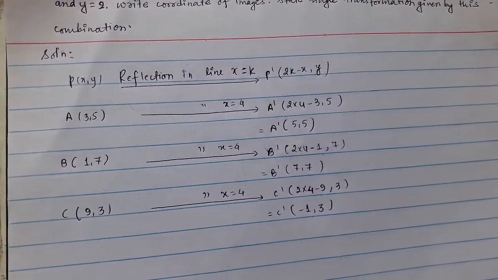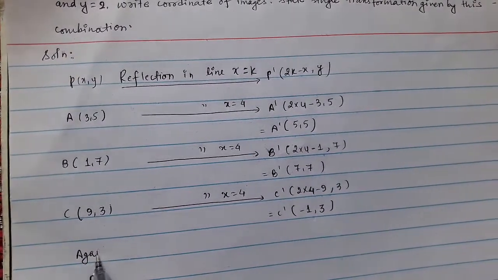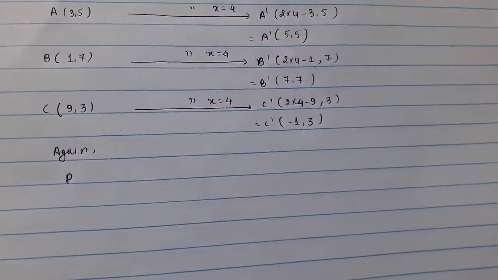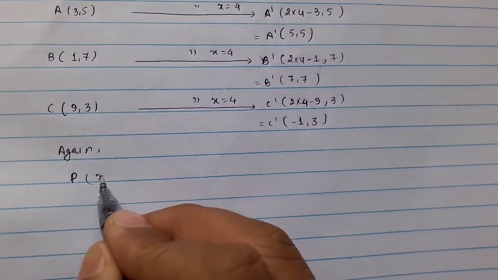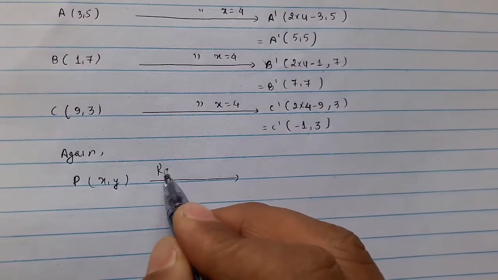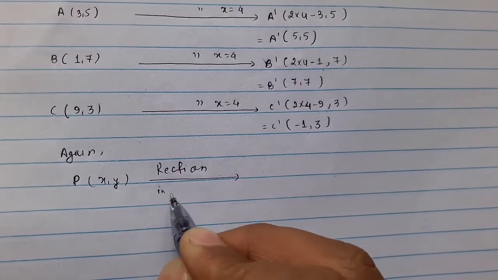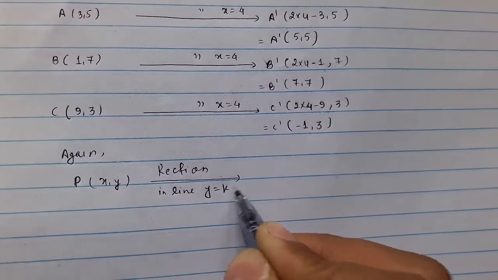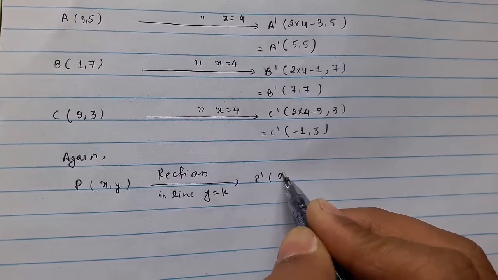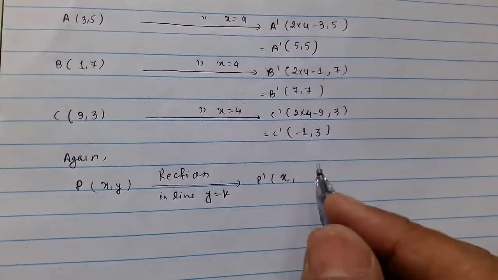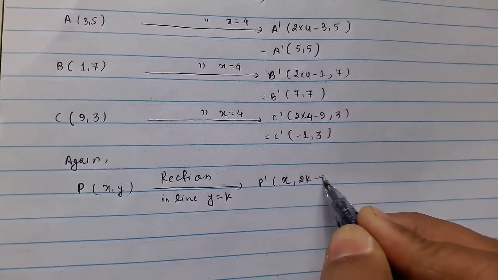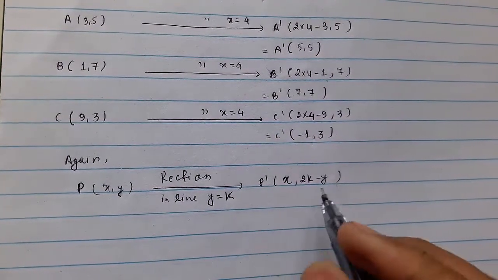So again, for reflection in the line y equals k, P(x, y) goes to (x, 2k minus y), because the value of y is given here.